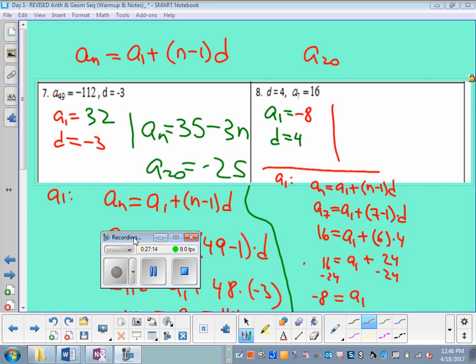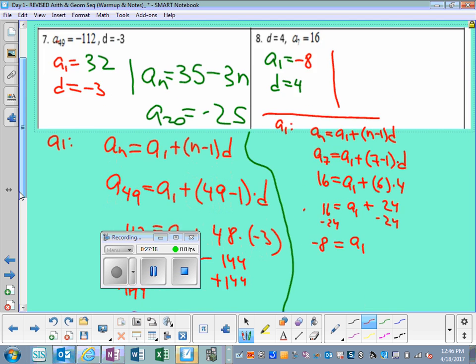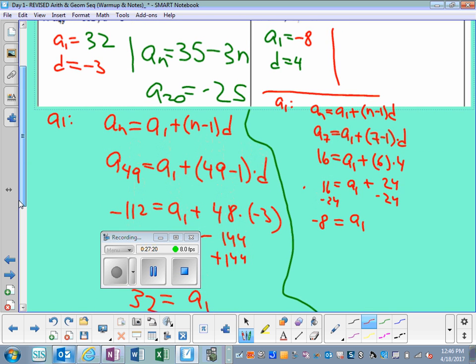So to find the explicit rule, I take my formula, right? For the explicit formula, I start with the generic an equals a1 plus d times n minus 1, and then substitute a1 and d. a1 is negative 8 and d is 4.